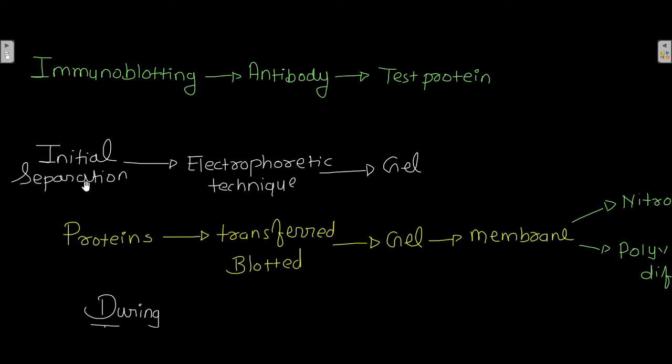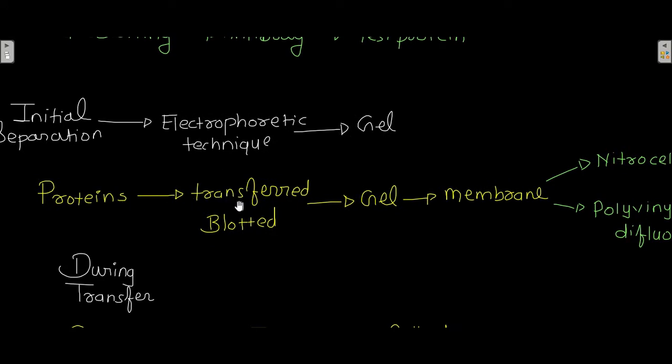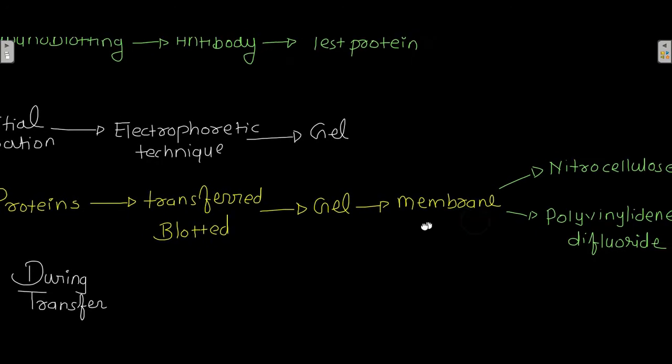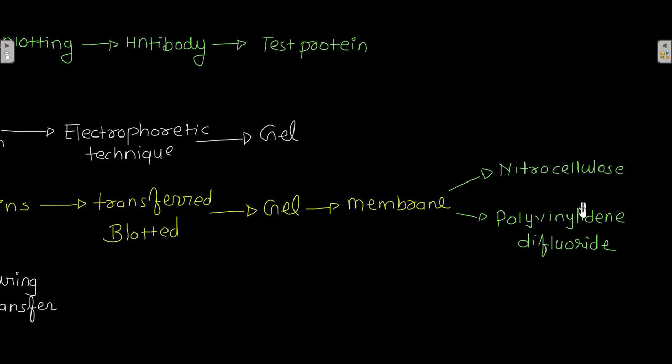Now you do the initial separation by using an electrophoretic technique on a gel, and then the proteins from the gel are transferred or blotted to a membrane of nitrocellulose or polyvinylidene difluoride.